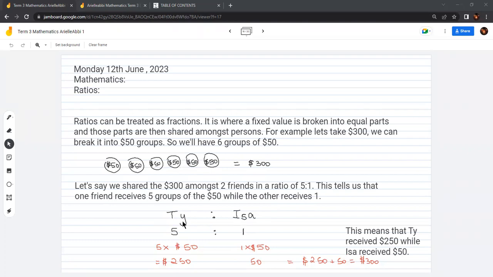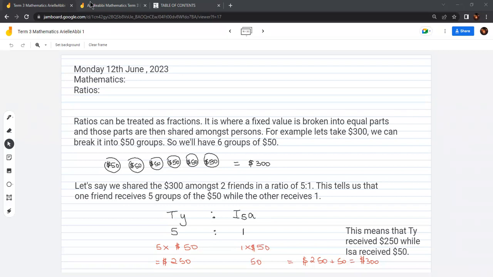So say Ty and Isa, if Ty received 5 of the $50 groups, that will be 5 times 50, which is $250, while Isa received one group of $50. So that means Isa only got $50. Notice when you add them back, you'll get the total.